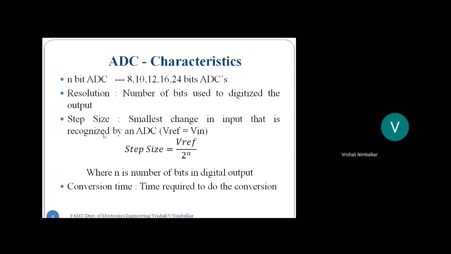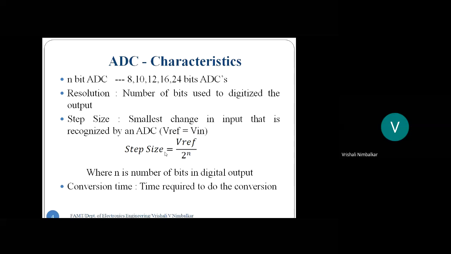So in that case, what is the step size? 5 volt upon 2 raised to 8. 2 raised to 8 is 256, right? So 5 volt upon 256 comes as 19.5 millivolt. Correct. So for an 8-bit ADC with 5 volt V reference, the step size is 19.5 millivolt.